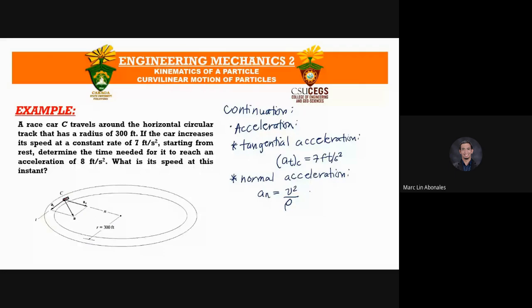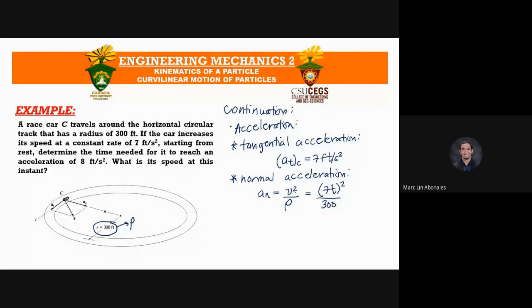So ang velocity na gamiton nato is atong kanina, that was 70 squared over ang radius of curvature nato or the rho is the 300. Mao na to ang rho. That is our radius of curvature. So that would be the 300 feet.